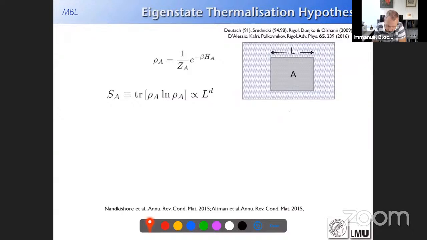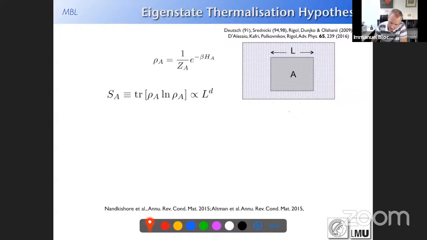So here's the general setting we're considering. First of all, we're talking about an isolated quantum system. Imagine this is the box, this is our experiment. It's isolated from the rest of the world, and we prepare some state in that system. It could even be an eigenstate. Let's imagine we could prepare an eigenstate of the many-body system, which is of course really hard to do and usually impossible in an experiment, but it could be an eigenstate.